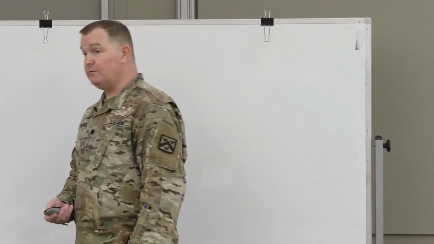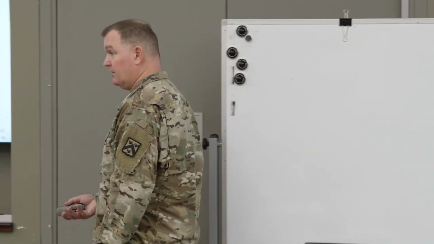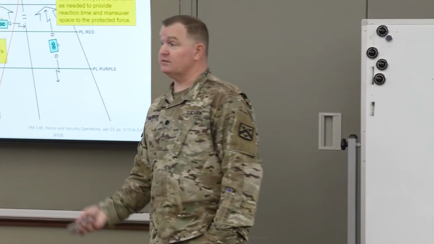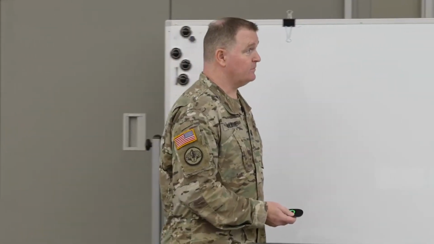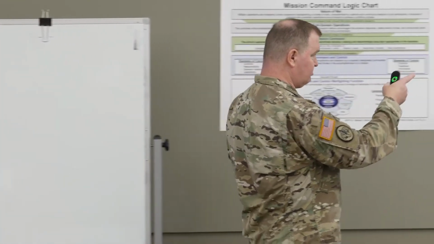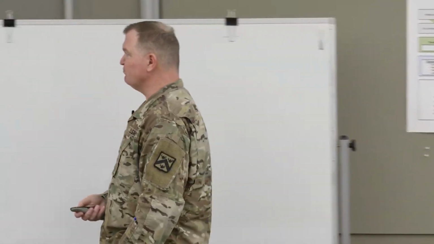The guard, we talked about it. You can still get indirect fire from the enemy, but you're denying the enemy ground observation and direct fire onto the main body, but that guard force is reliant on that higher headquarters. See the little shooty? That came from the higher headquarters. It's not organic to the guard force.